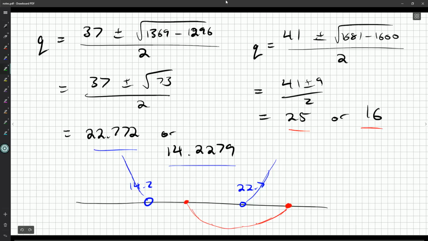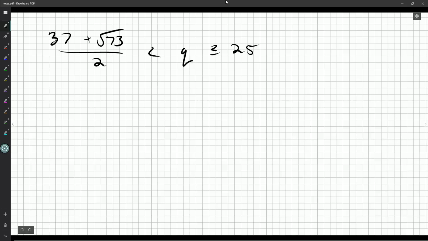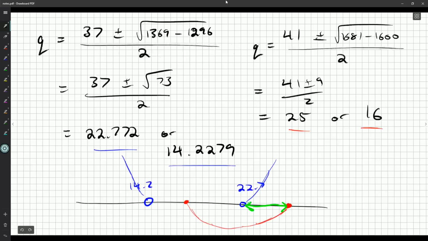So the only overlap is q's that are greater than 37 plus root 73 over 2 and less than or equal to 25. So that should work. Will all of them actually end up giving us nice numbers? I'm not entirely sure. But I know I don't want to include that root, but I can include 25. And so this is about 22-ish. Actually, you know, about 22 3/4.